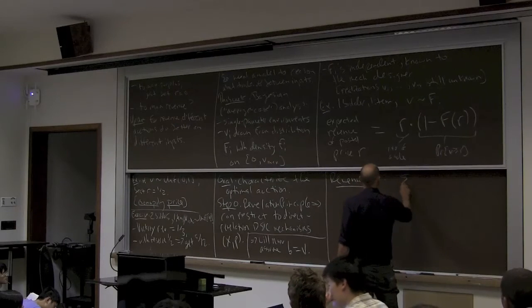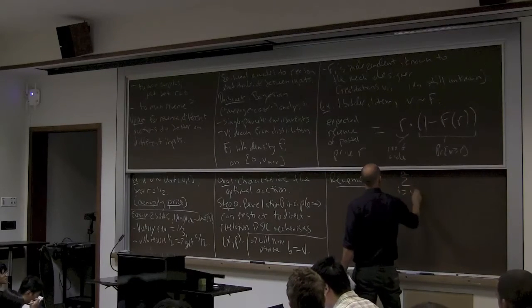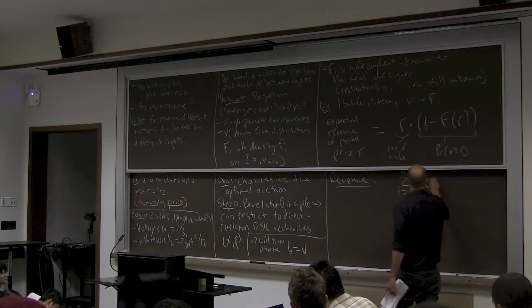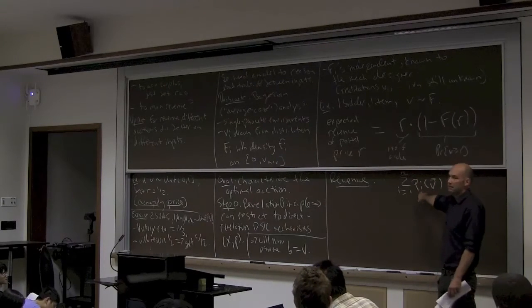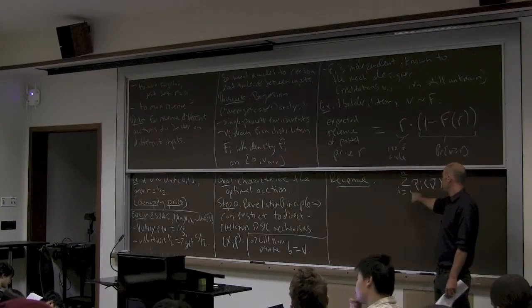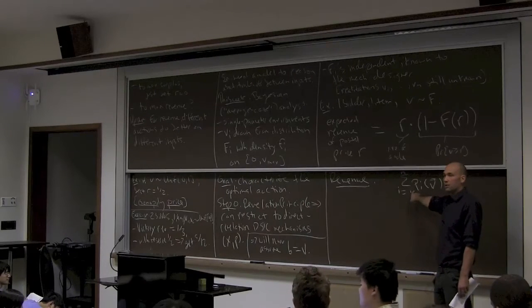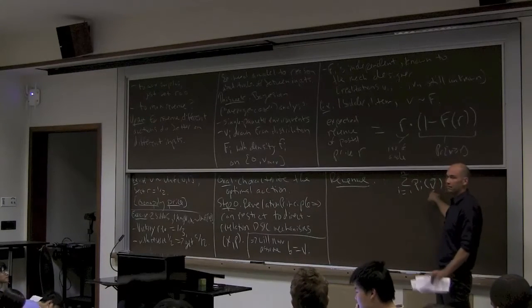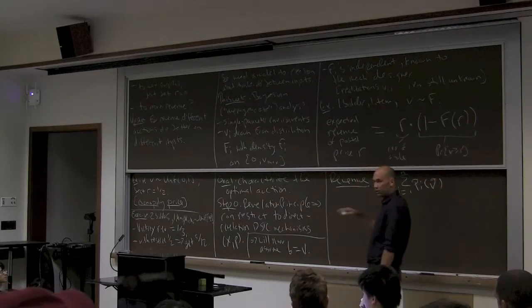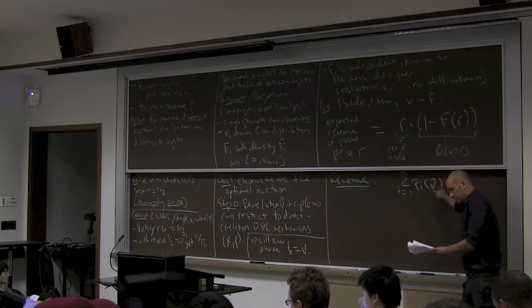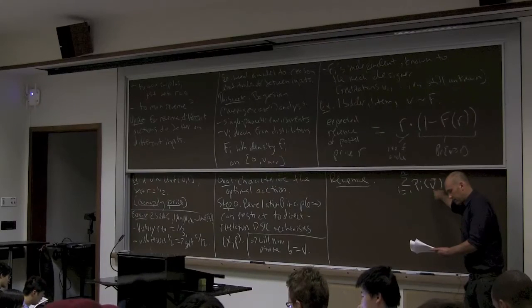Well, it's just the sum of the payments. The payment rule on a given bid profile, which again I'm just going to write as the valuation profile, I look at the money paid by each of the n bidders, and I sum up. So this is a number associated with every input, every valuation profile. This is what we want to maximize on average, so with expectation with respect to the vector v.